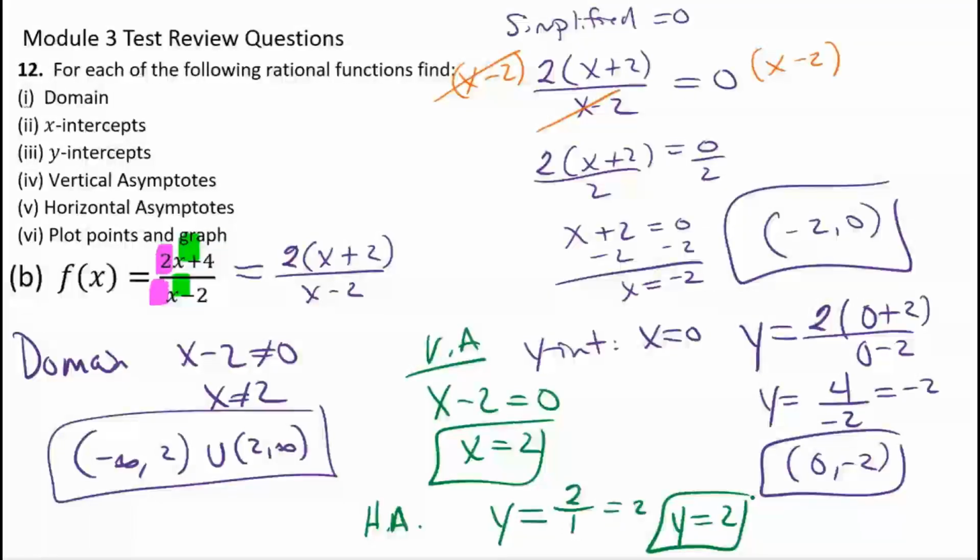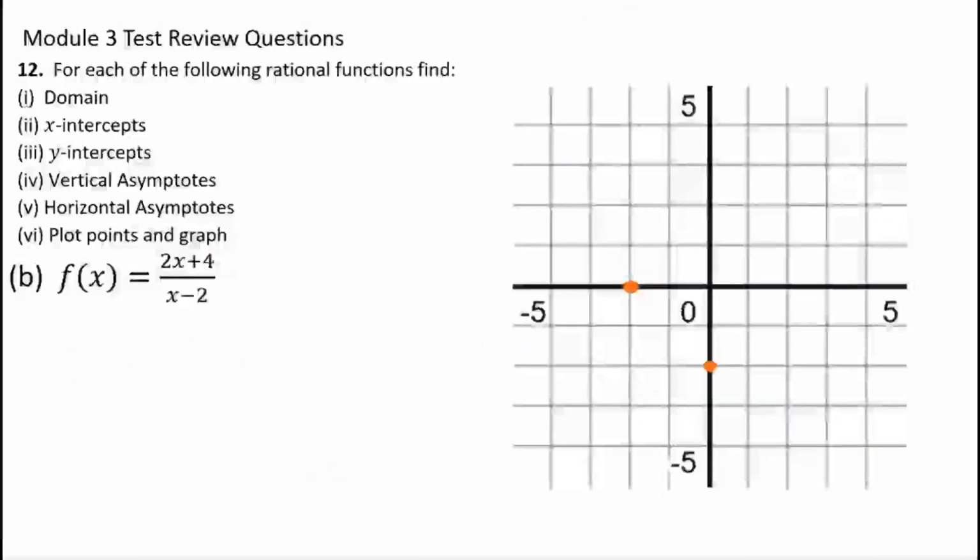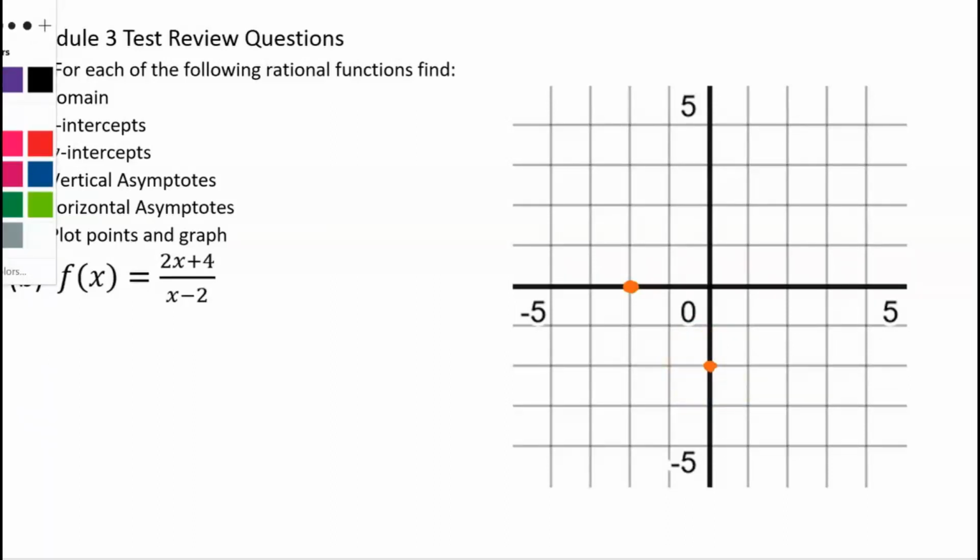Now what I want to do is take a second, transfer all that information to a graph, plot points, and see what we get. The first thing I did is plot (-2, 0) right here as my x-intercept, and then down low (0, -2) is my y-intercept. Remember, we've got asymptotes.